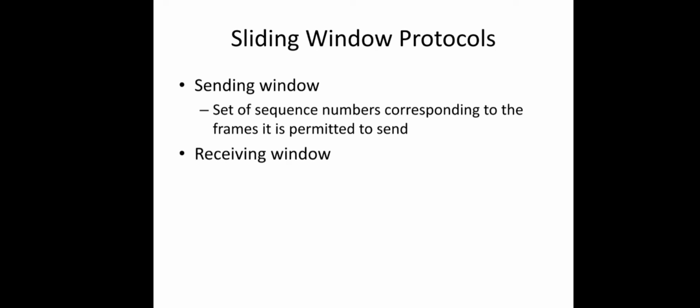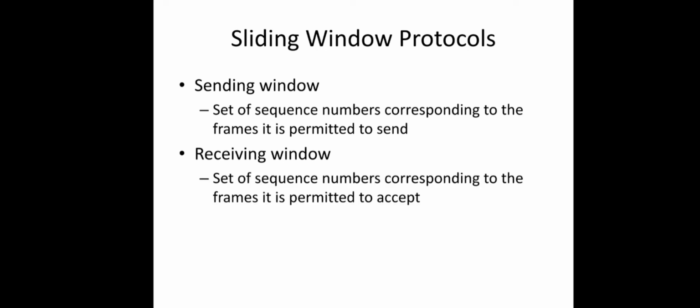On the receiver side, another window will be kept by the receiver. That is called the receiving window, which is the set of sequence numbers corresponding to the frames it is permitted to accept. Which ones can I accept now? That set is called the receiver window. That will be clear when we discuss an example for the corresponding protocol.